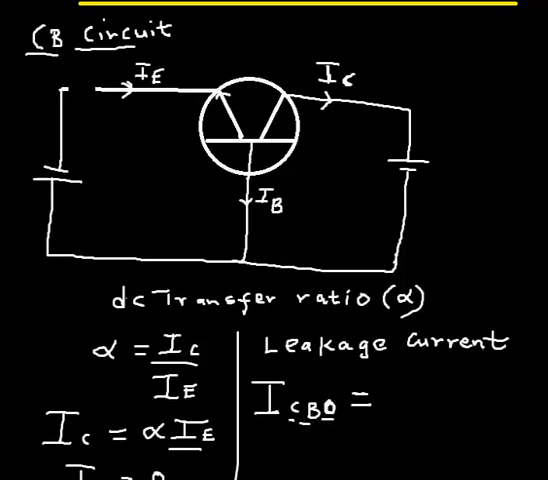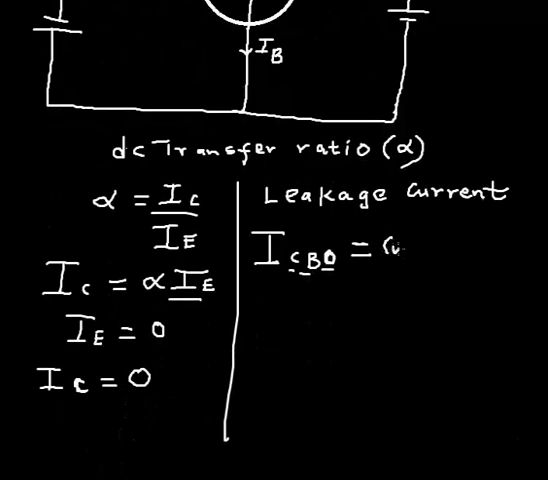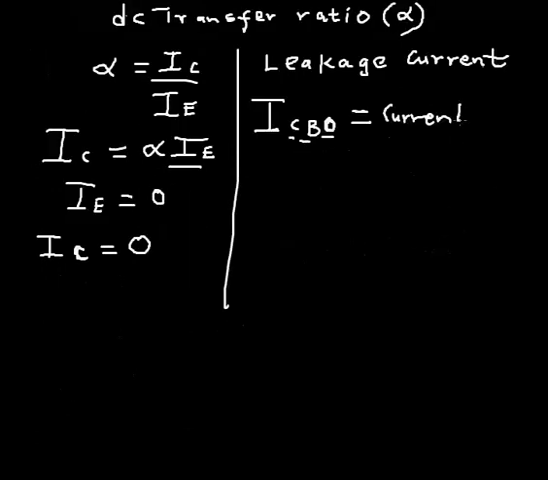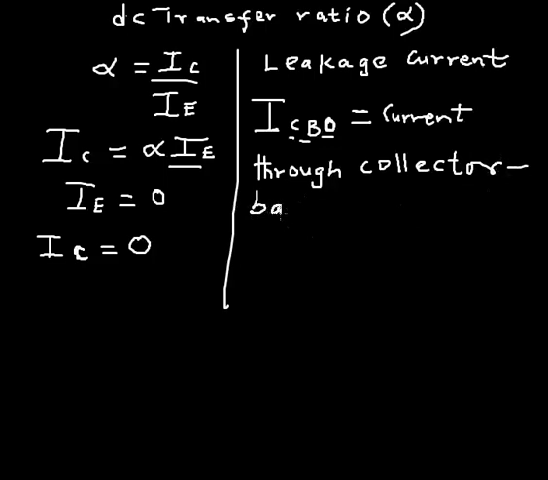Let me write it down. Current flowing through collector base with an opened emitter.